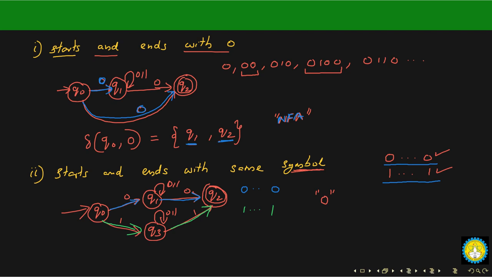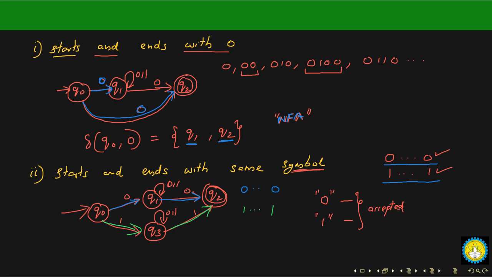So if the string contains just one symbol, that's 0, this has to be accepted. Similarly, if your string contains only the symbol 1 just once, then this also has to be accepted. So we should have a provision to do that in our NFA.